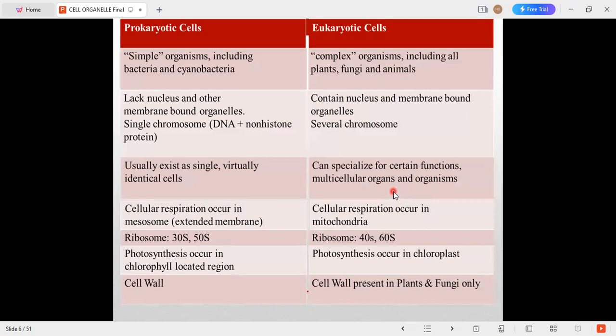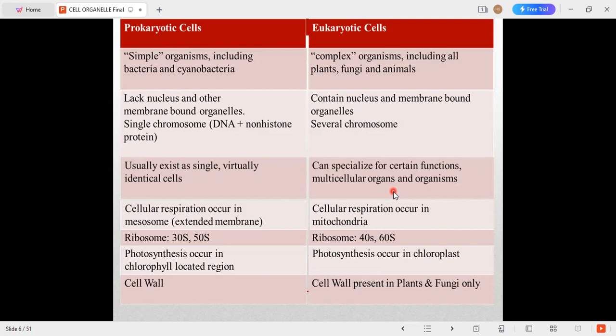So this is the basic difference between a prokaryotic cell and a eukaryotic cell. Prokaryotic organisms include bacteria and cyanobacteria. However, all the complex organisms, including plants, fungi, and animals, are eukaryotic organisms.